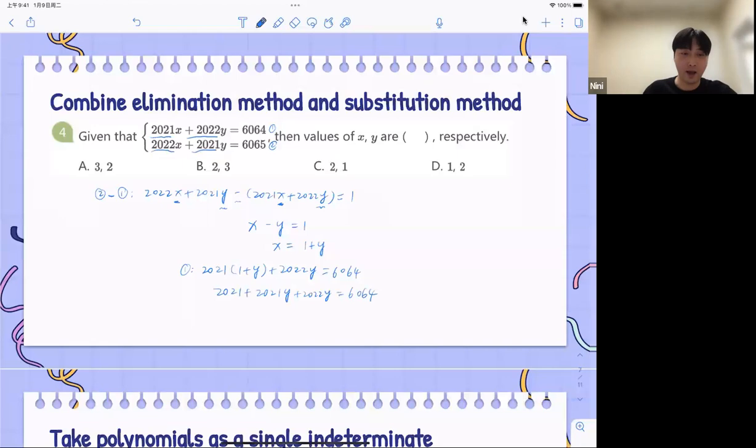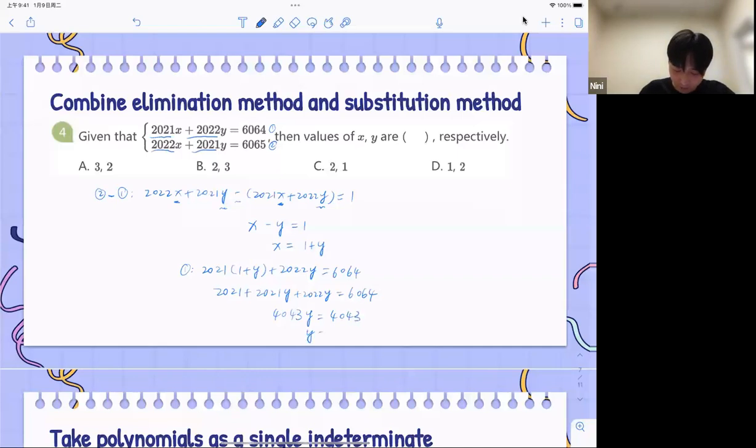So let's add those y together. So for the y, we got actually that would be 4043, right? And for the right side, we're going to use the 6064 minus 2021, which is equal to 4043.